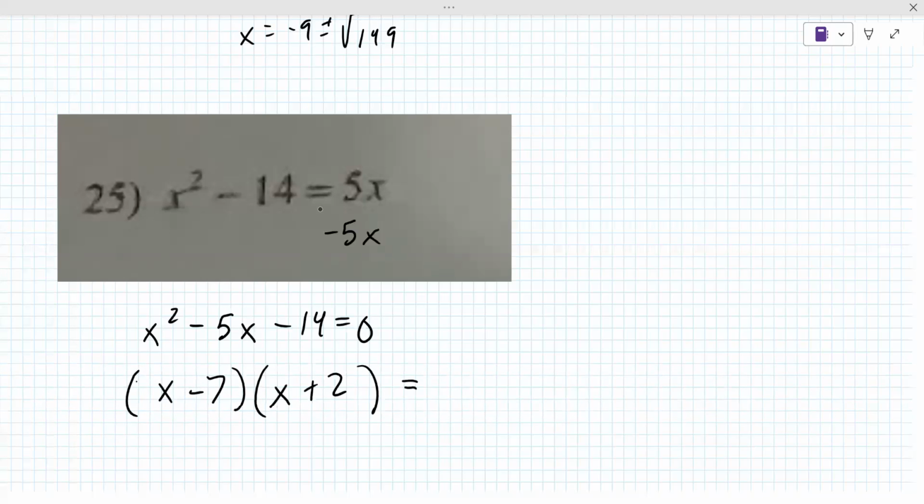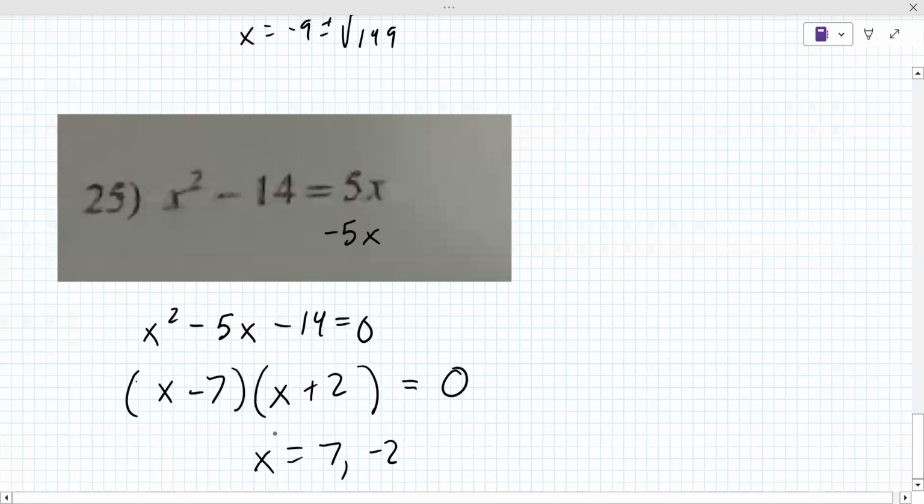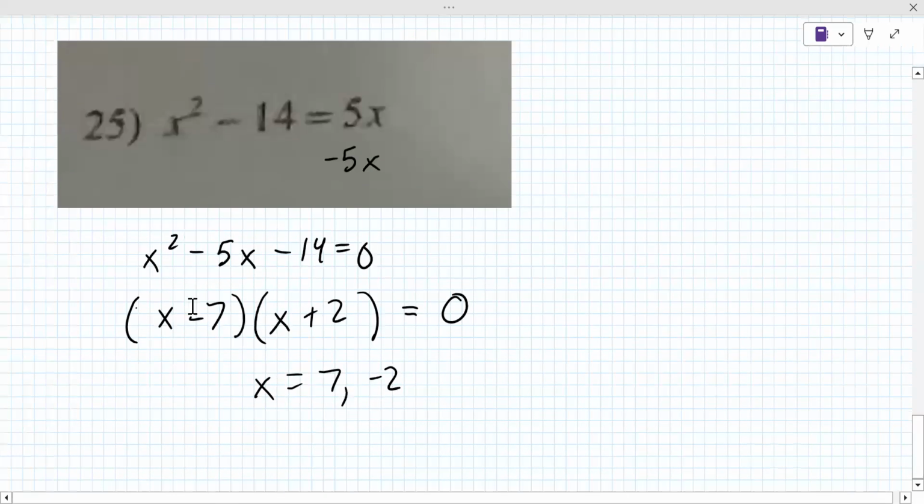Yes, very good. So go ahead and set those equal to 0. And x equals 7 and x equals -2. You got it. All right, 26.